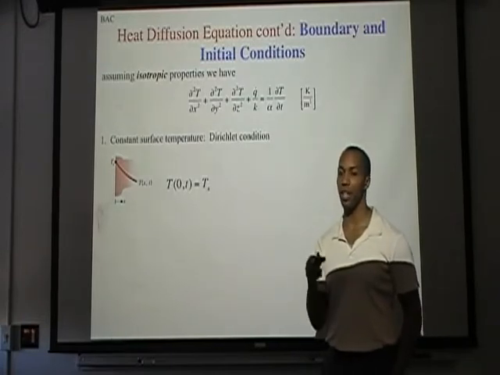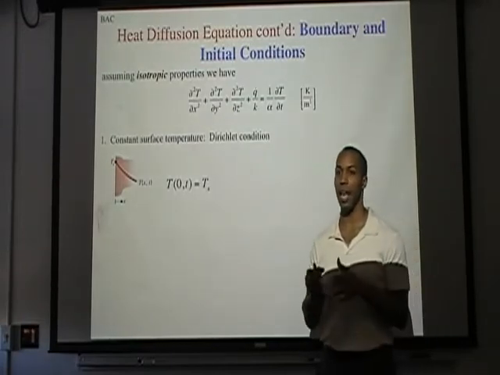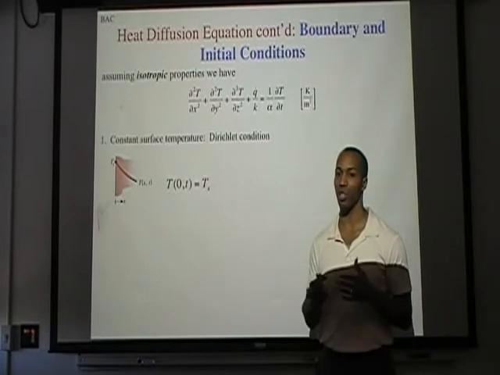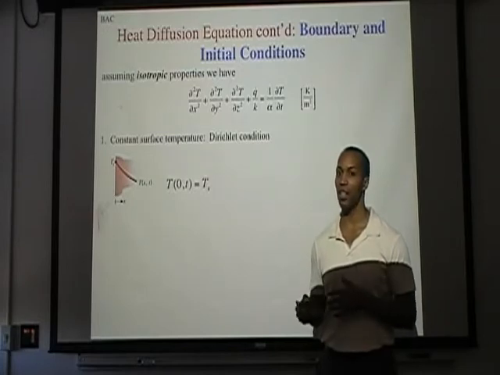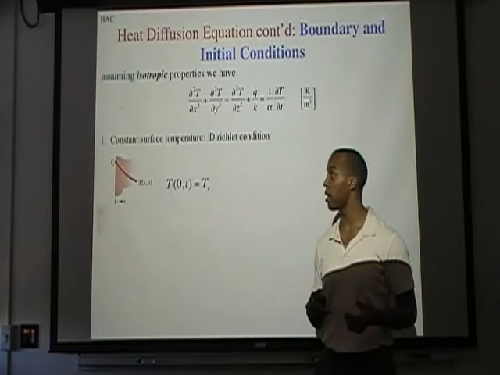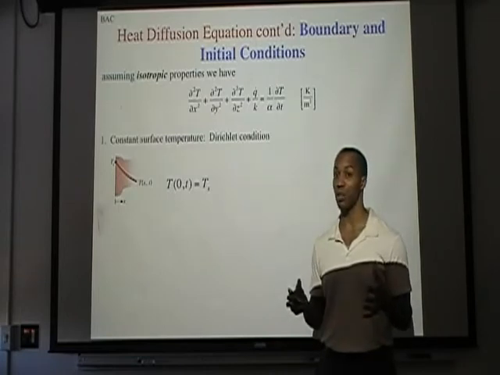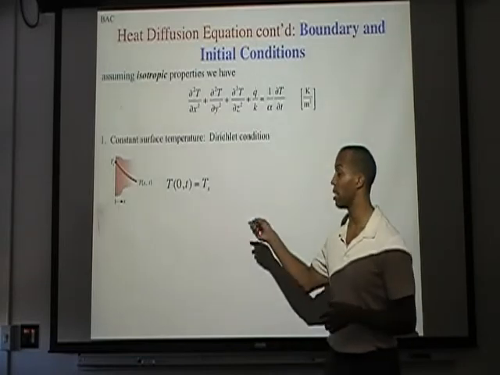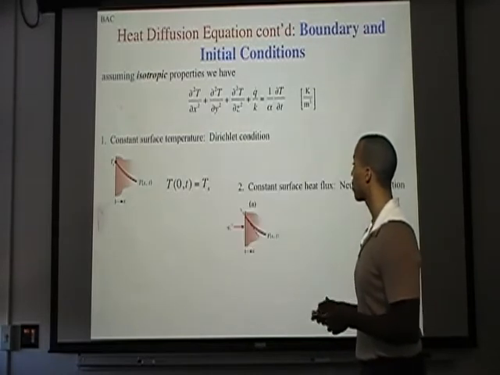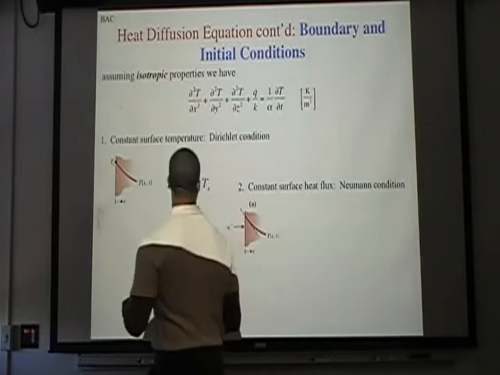When we derived our heat equation, we said that the energy in and energy out rate balances would only include Fourier's law, the conduction rate equation, and that the convective equation, Newton's law of cooling, or Stefan-Boltzmann's law for radiative heat rate, would happen on the surface. So we're going to see how that shows up as we move along to some of these other boundary conditions. So now we have a constant surface heat flux.